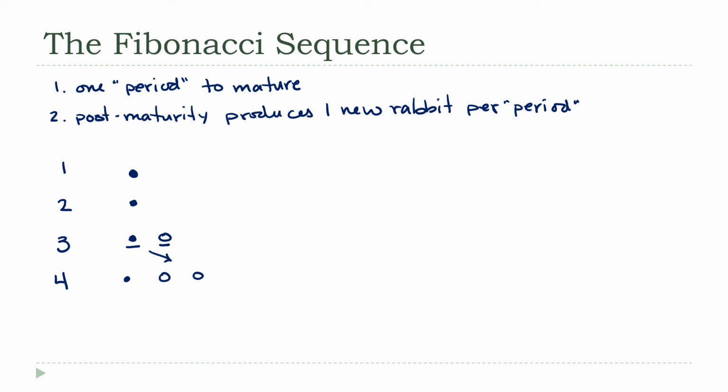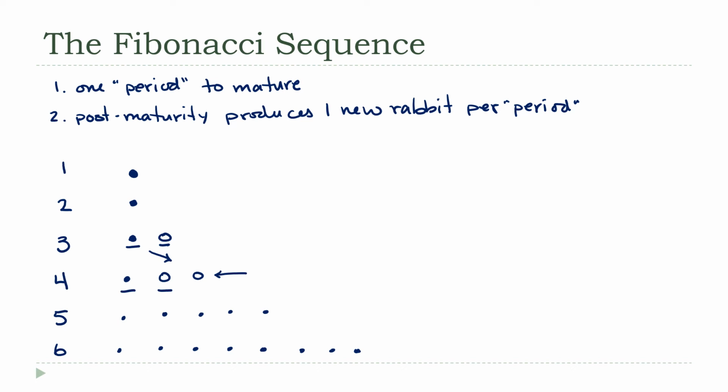All right, so in period 5, these three rabbits are still there. These two are now old enough to reproduce. Let's go one more period to 6. We keep the five original ones, and the three who were in the sequence two periods back are also going to reproduce.